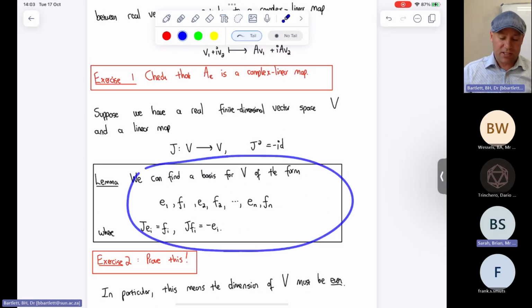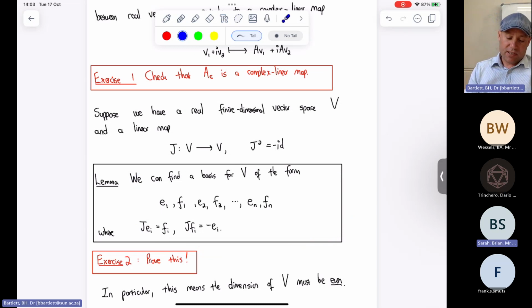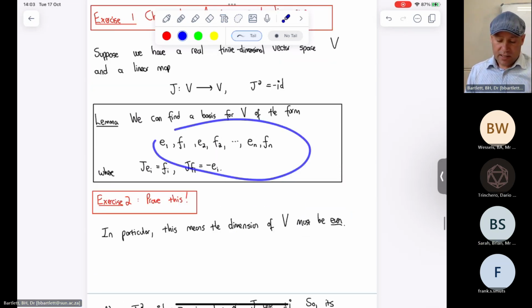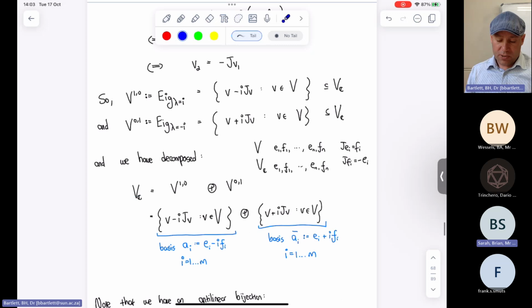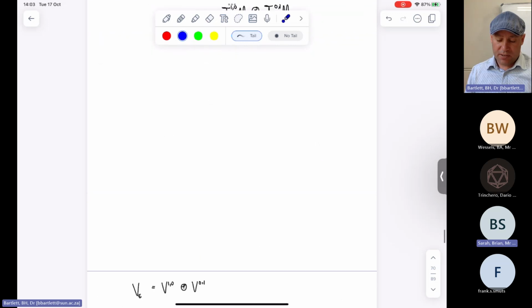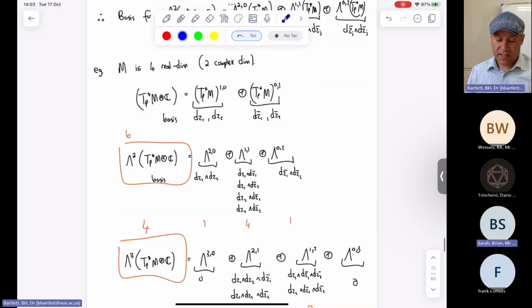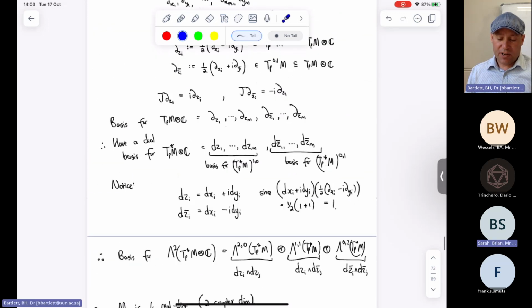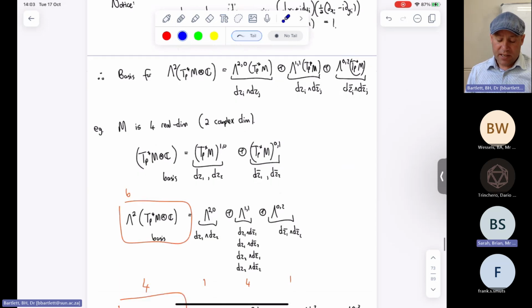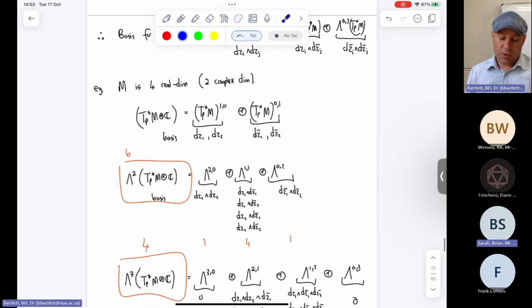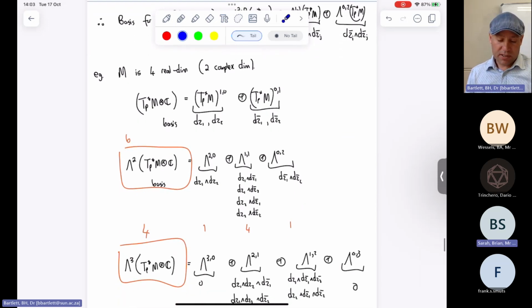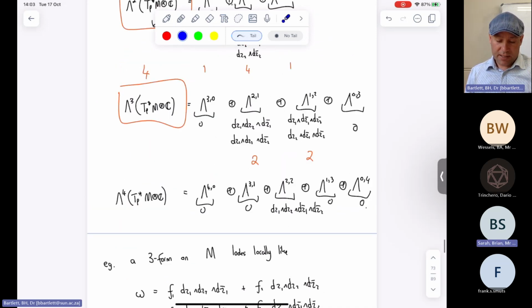In fact, you could find a basis for each tangent space that looked like this. And it's called an almost complex manifold because it's not quite the same thing as a complex manifold, as we'll discuss in a second. Slightly weaker than a complex manifold, but even on an almost complex manifold, your forms decompose like this.